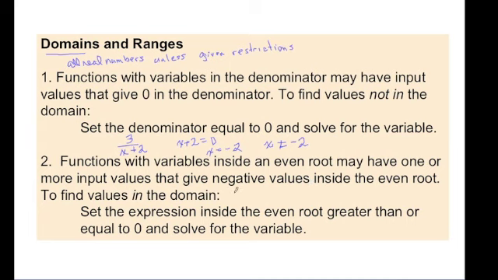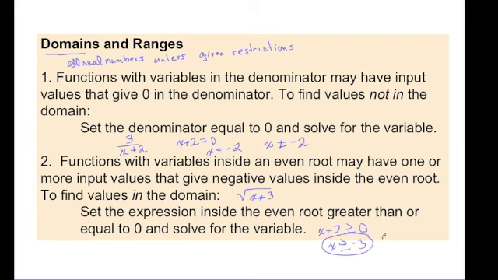So if you had the square root of x plus 3, if we had an x value that would make this negative, we could not have that. So you set the expression inside the even root greater than or equal to 0, and solve for that. So you say x plus 3 is greater than or equal to 0. So x has to be greater than or equal to negative 3.